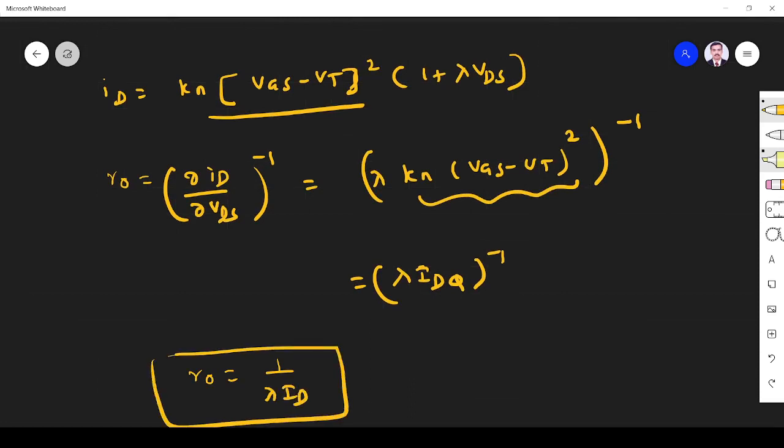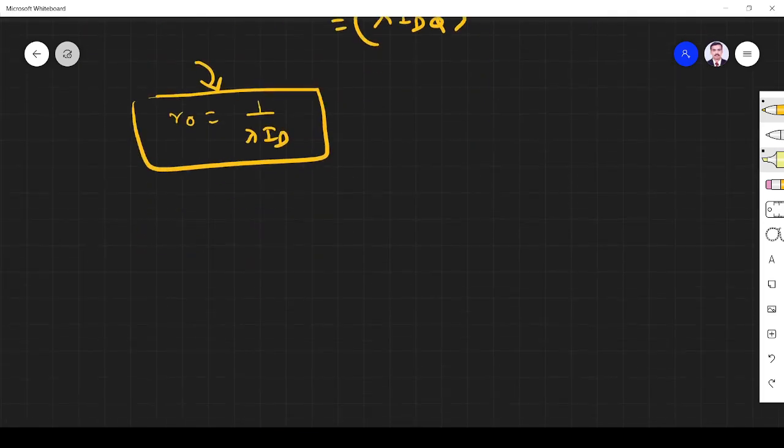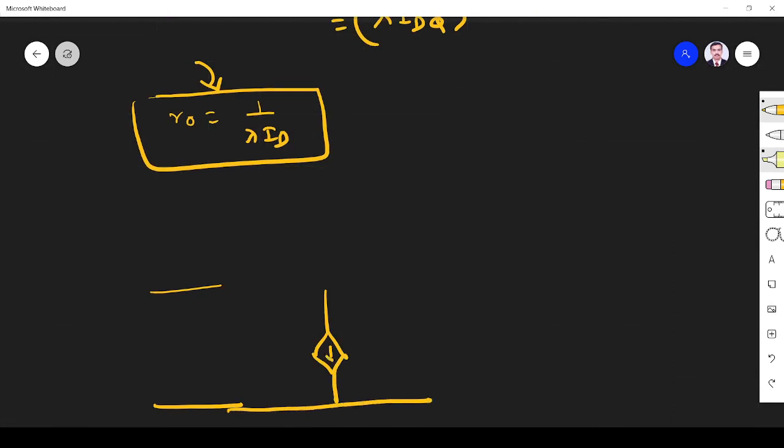So if we include channel length modulation, we have to include this RO in the small signal equivalent. So now the small signal equivalent will become like this. What is that? It is GM VGS.